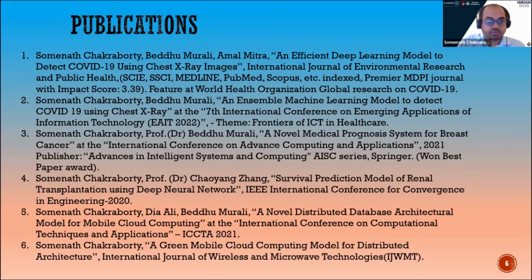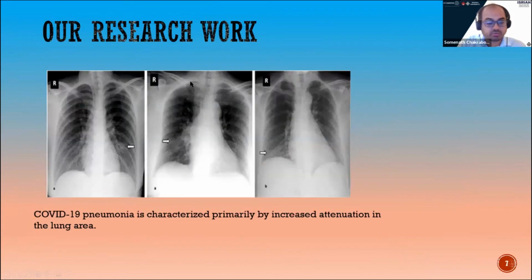So there are some publications I already have in this area. This publication that I already talked about also features in the World Health Organization. Basically, in this application, we try to analyze the X-ray. I will show another publication in this area rather than this, but it is very similar.